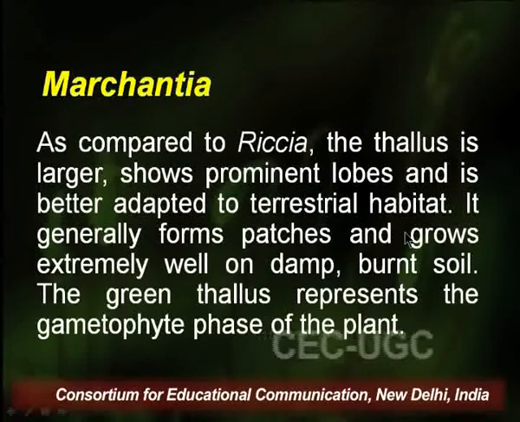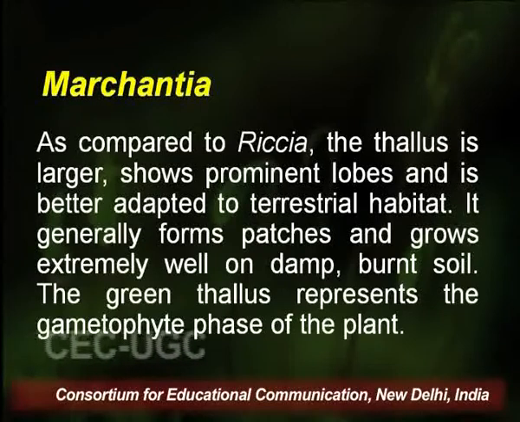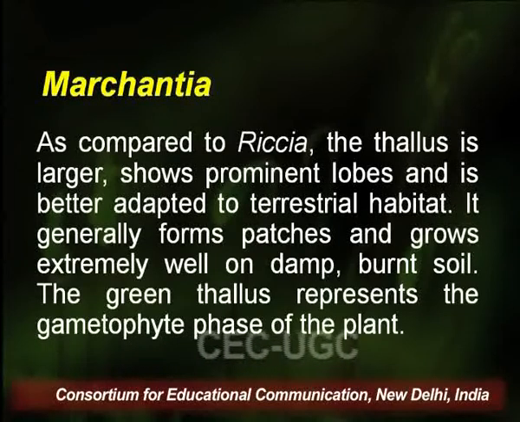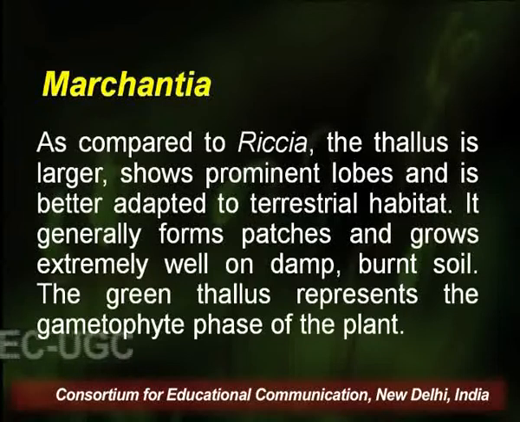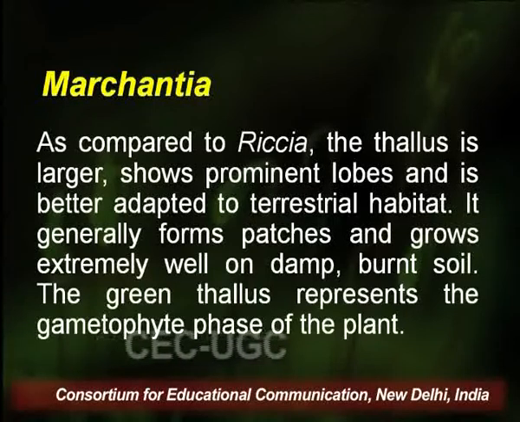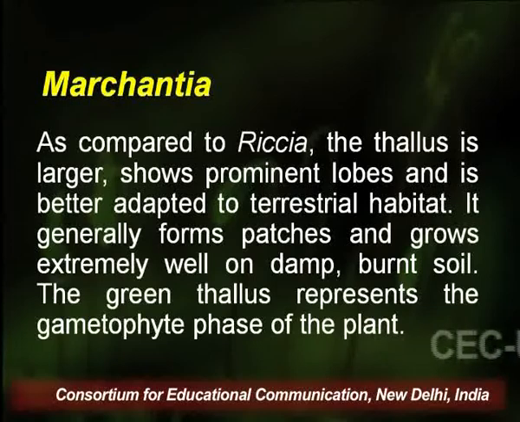As compared to Riccia, the thallus is larger, it shows prominent lobes and is better adapted to terrestrial habitat. It generally forms patches and grows extremely well on damp and burnt soils. The green thallus represents the gametophyte phase of the plant.